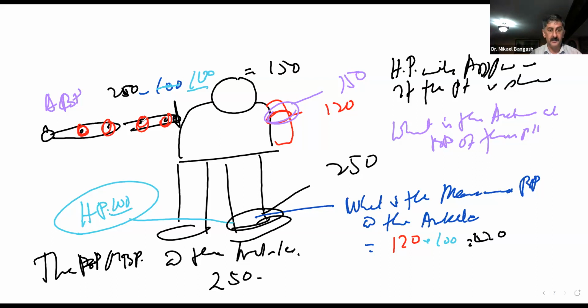Because when the patient is lying down, supine, looking towards the roof, or prone, which means lying on his stomach facing downwards, the level of the heart is at the same level as any other area of the body.